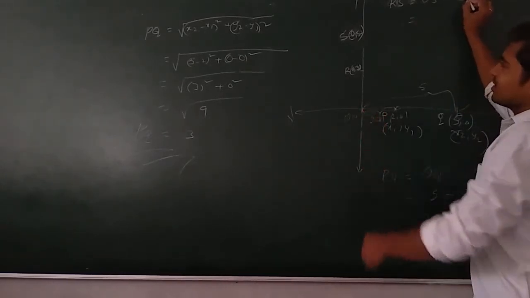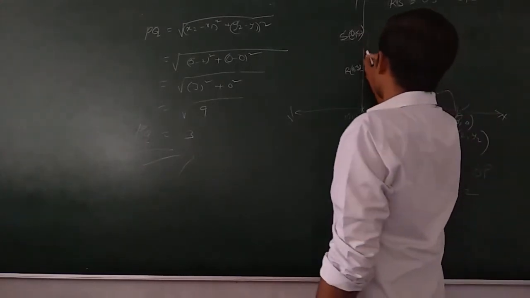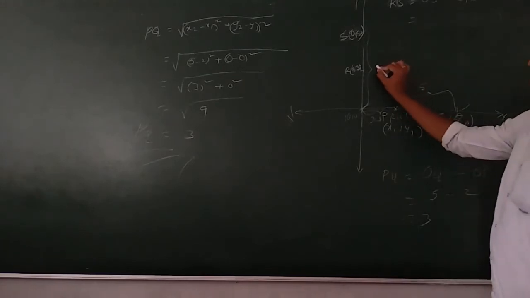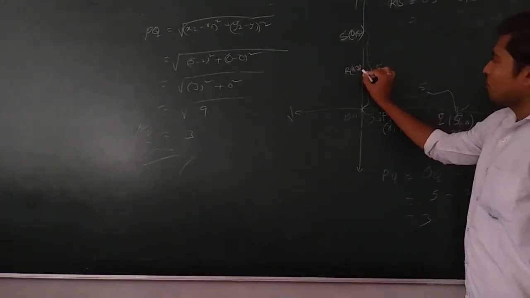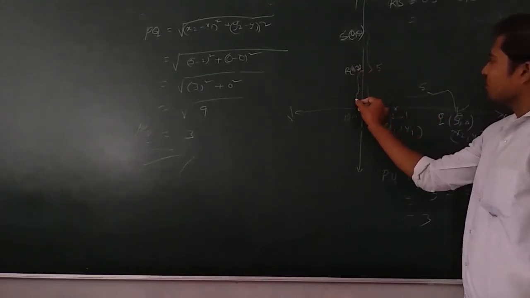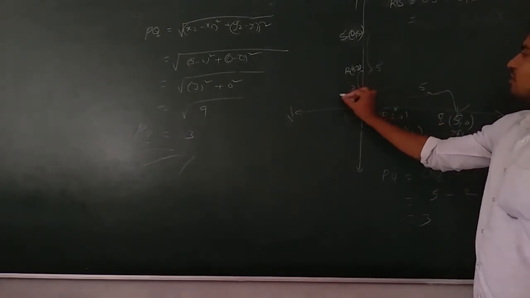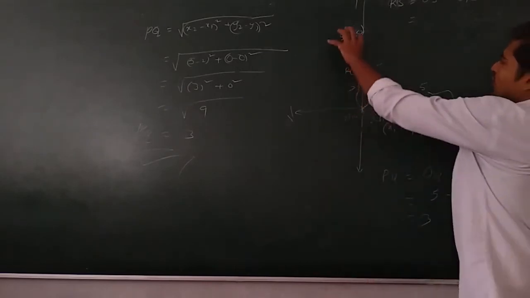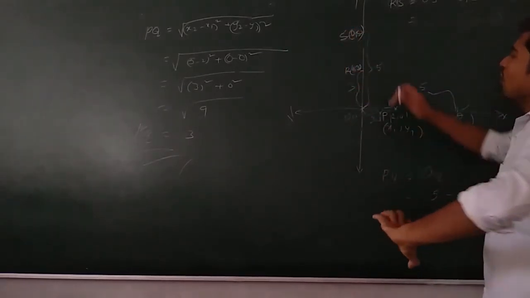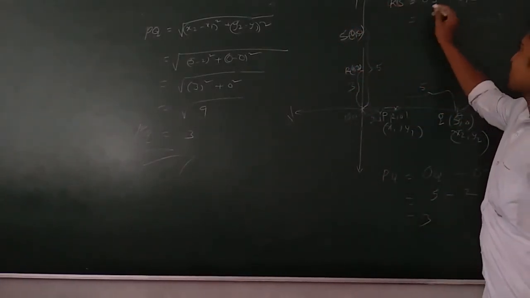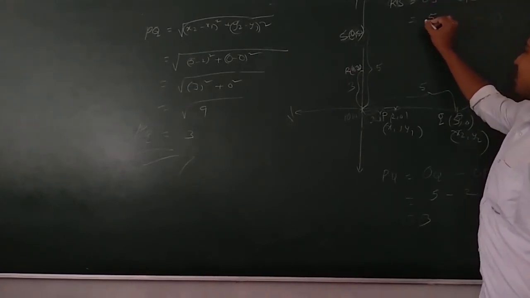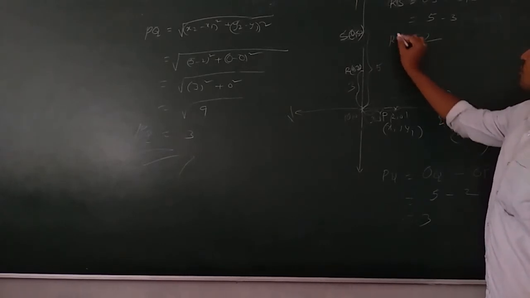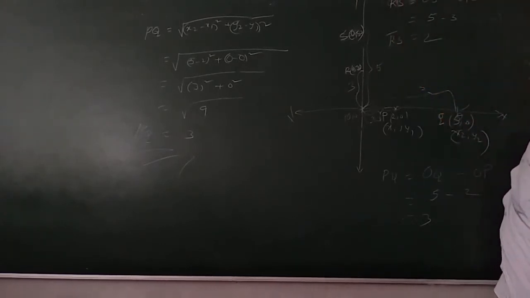What is OS here? Distance from x-axis is 5 and OR is distance from x-axis, which is 3 units. I need only SR. So OS minus OR. 5 minus 3, which is equal to 2. So RS is equal to 2 units.